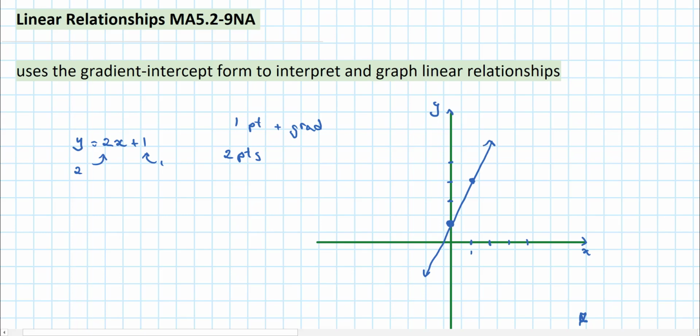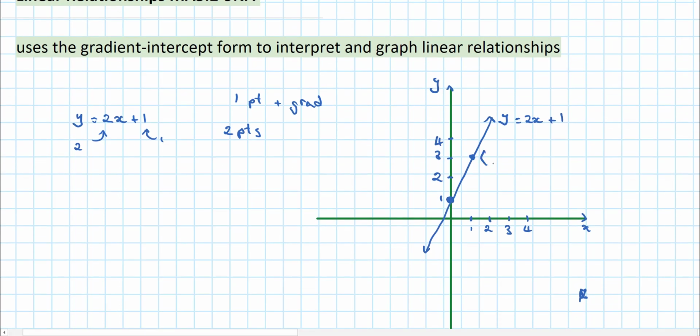It's always good to label your line, especially if you're drawing more than one line on a graph, so you can identify the lines. You should also label your markings, and it's good to label at least one of the points you're working with.